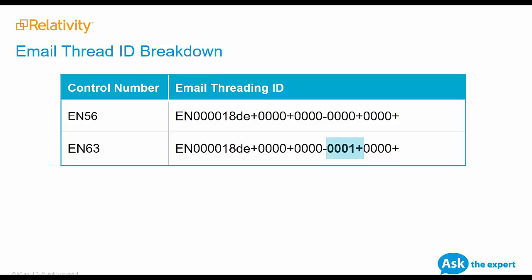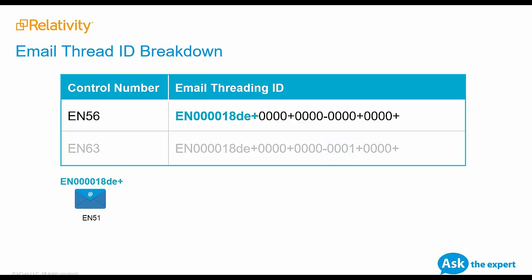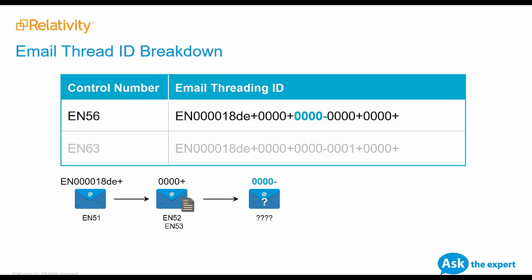So this is two example documents that exist in an email thread and their threading IDs. Let's see how this looks. If you laid this out, you would see as we move along, these are the different nodes or segments. We're at the third segment here, which is 0000, highlighted in the EN56 item. And then as we move along, we get to EN56 here.